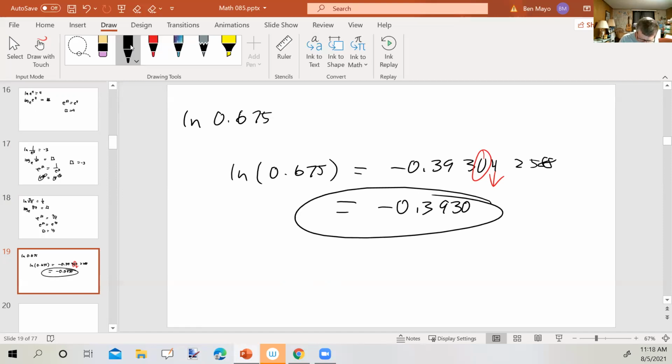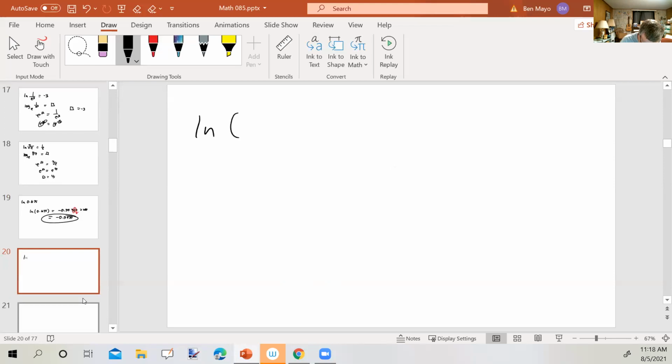Okay. Next, let's find the natural log of negative 10. So I push natural log, negative 10, close it up and push equals. And I get this answer. It says domain error.